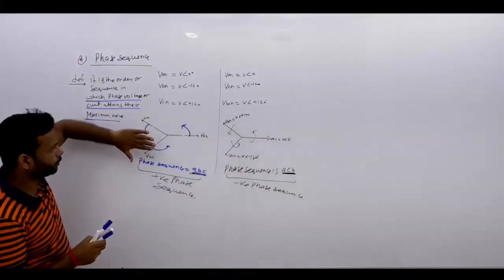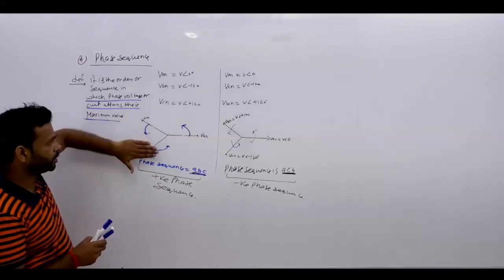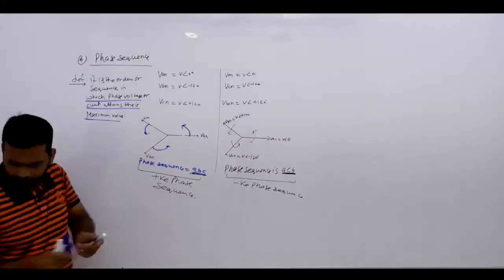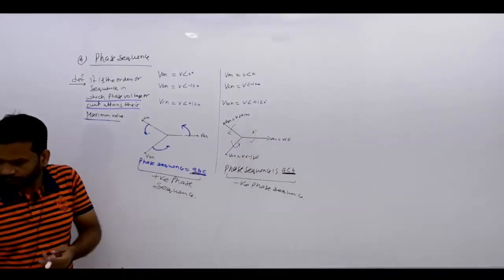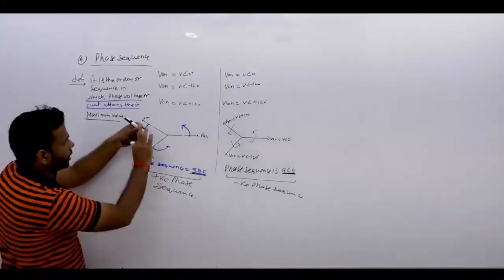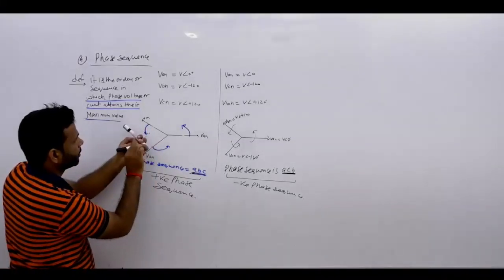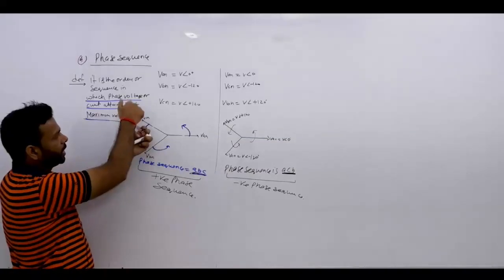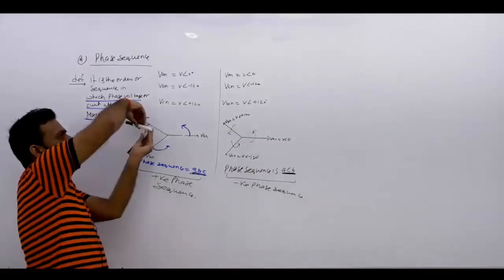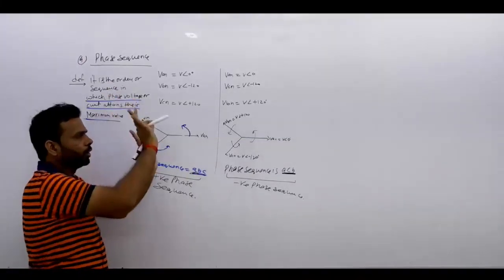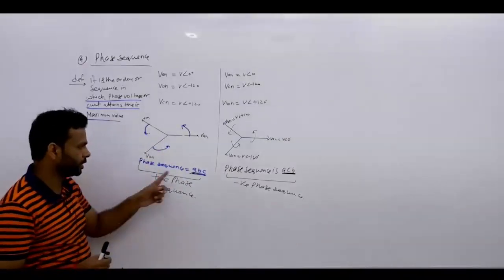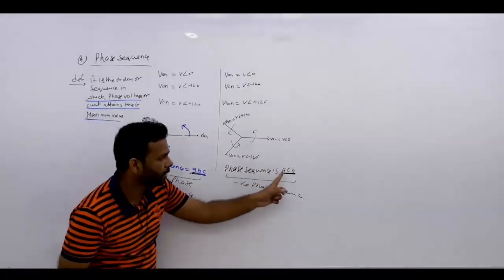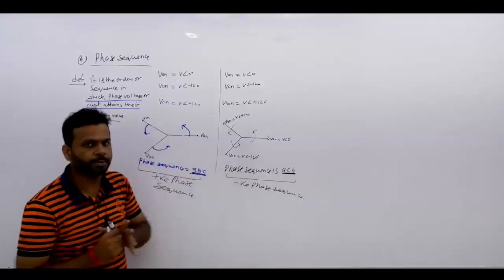If you flip these two, here it is B, here it is C. If you just flip these two, then your phase sequence is reversed, because here the phase sequence is ABC, but here the phase sequence is ACB.